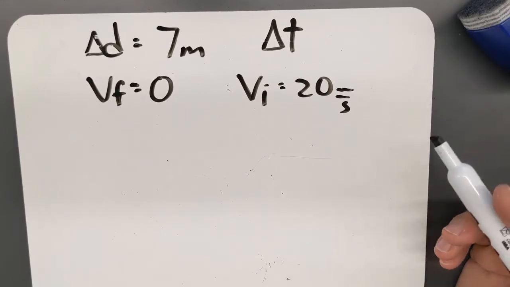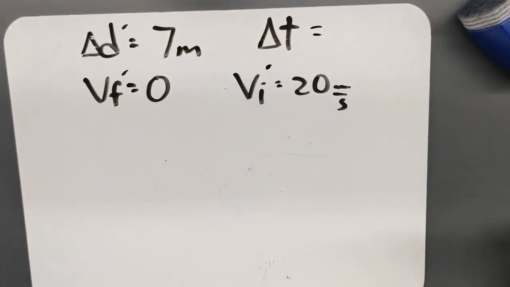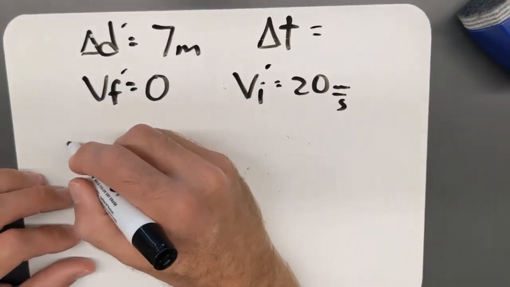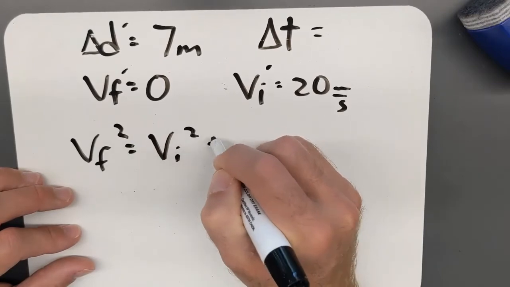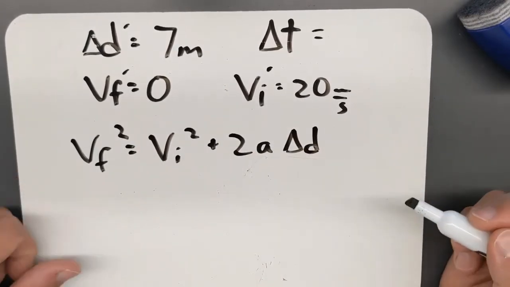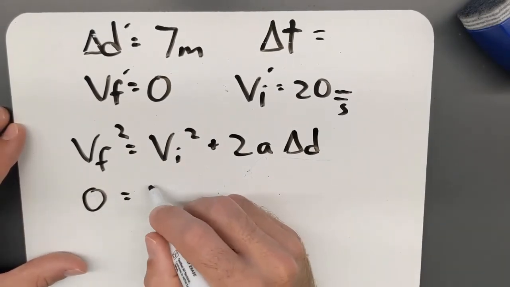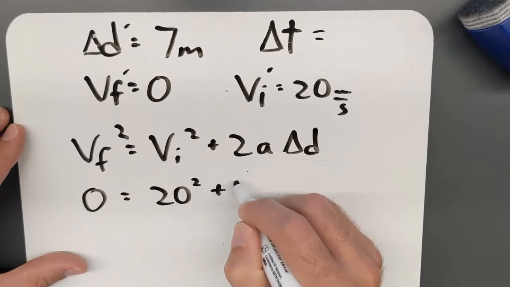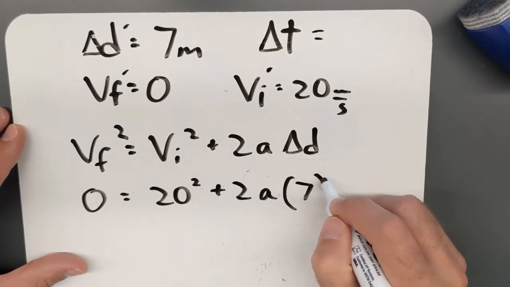I don't have acceleration, I don't have time, but I have delta D, V final, V initial. What equation am I going to use? I'm going to go with V final squared equals V initial squared plus 2A delta D. Let's see what I can solve for here. V final is 0 equals V initial of 20 squared plus 2 times A times 7 meters.